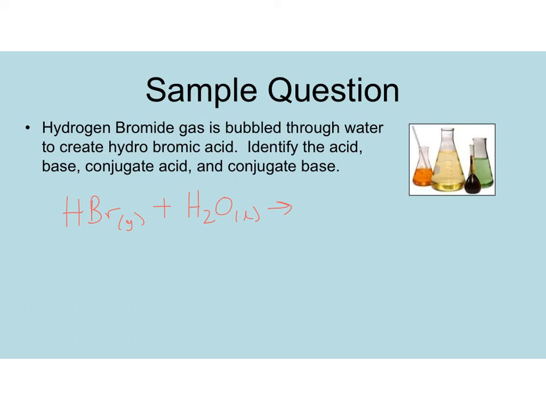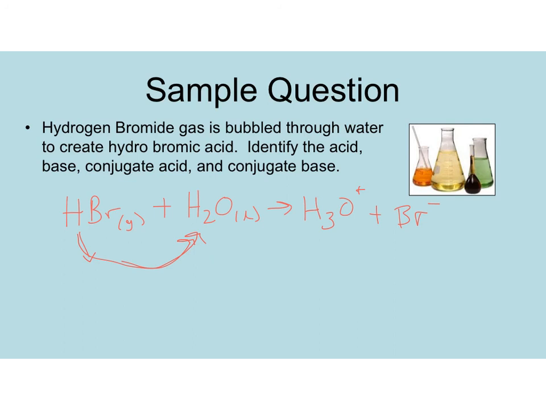What that's going to result in is this hydrogen coming off and joining with the water to make H3O+, which has a positive charge on it. Now, since this hydrogen left and joined the water, the only thing left is my bromide ion, Br-. So this is the full reaction that we have here.